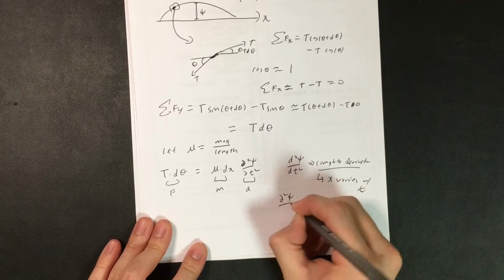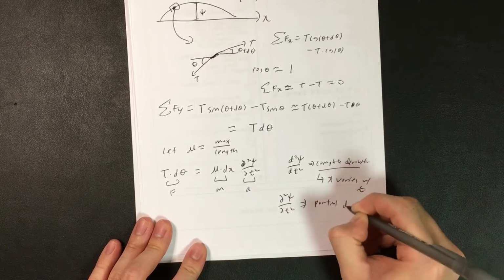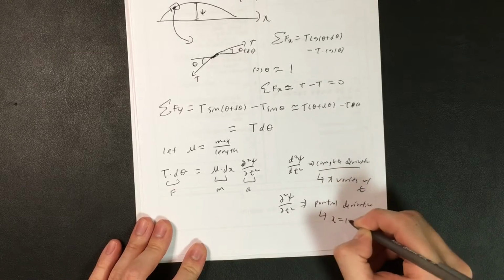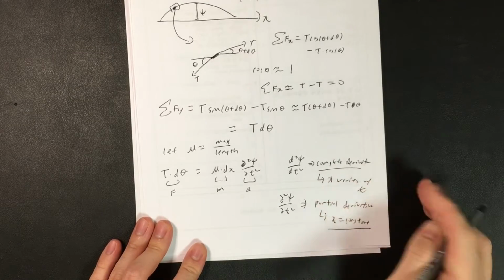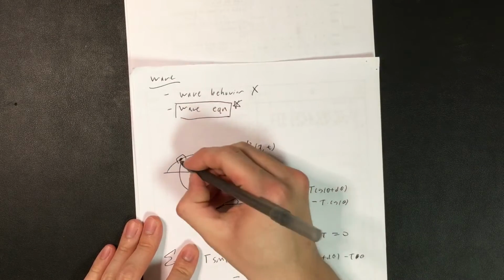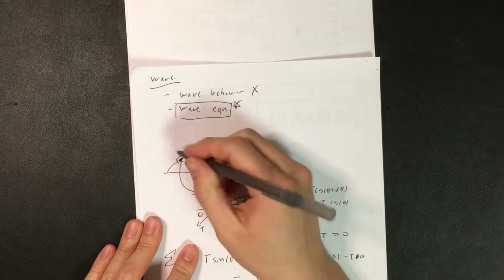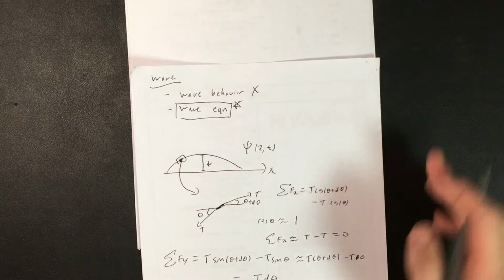However, in this weird notation, this is called a partial derivative. And in a partial derivative, x is constant. And it is very important that x is constant because when this wave oscillates, this segment of the wave isn't moving horizontally, and therefore the position of this wave particle must be the same.